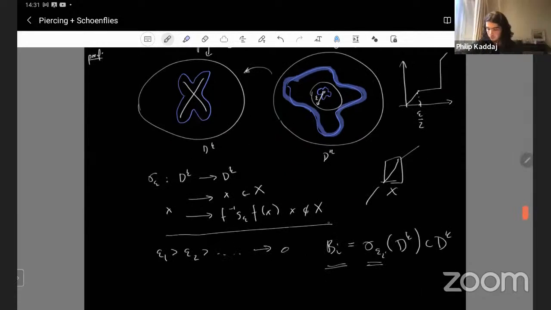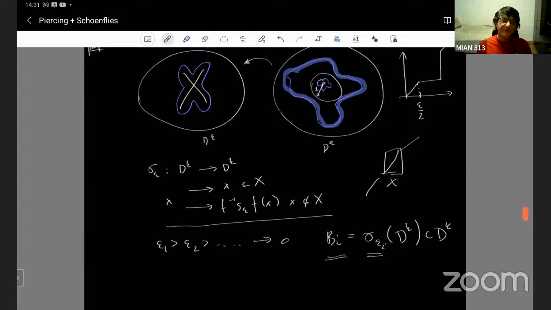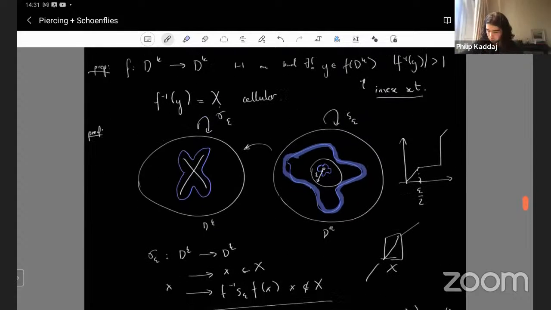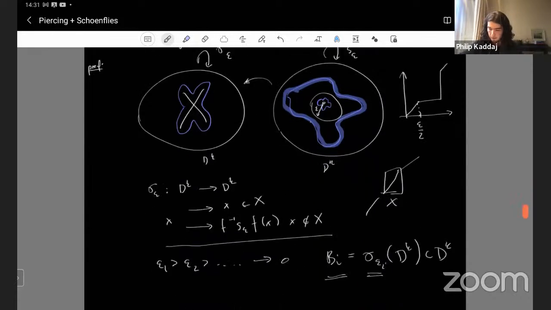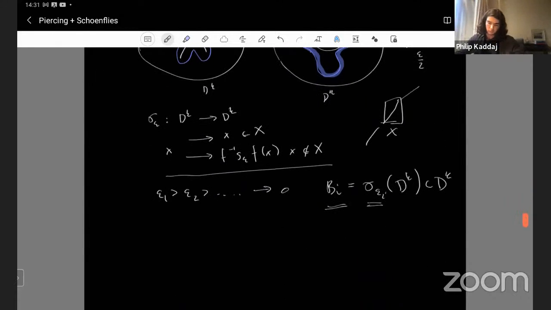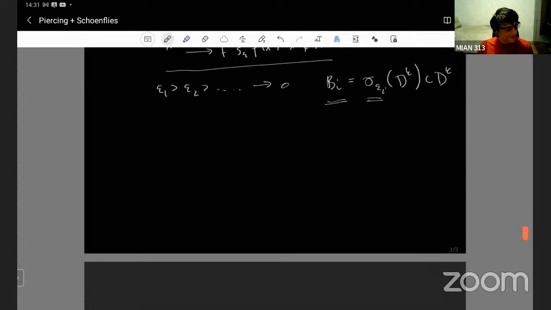So here. Okay, I see. Thank you. Okay. So then if we have a map between balls and a unique inverse set, then that inverse set is cellular.